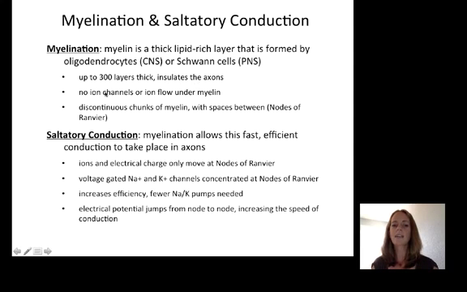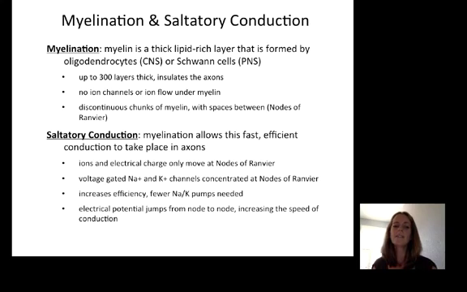They insulate the axons, and there are no ion channels underneath the myelin. So there are chunks of myelin with spaces in between. Those spaces have the collections of the voltage-gated sodium channels, and so this domino effect is going to jump from node to node down the axon.